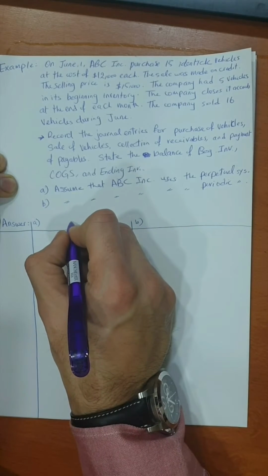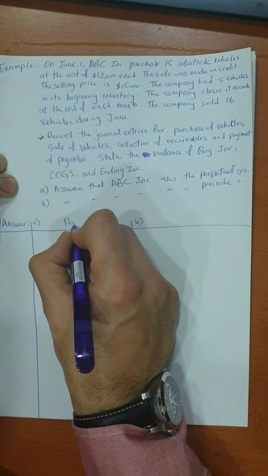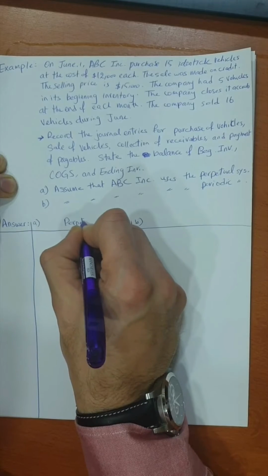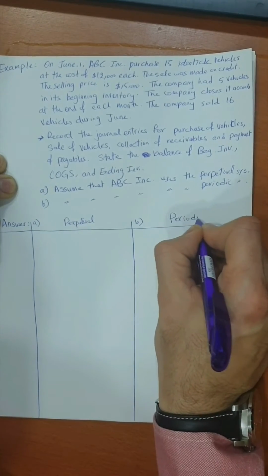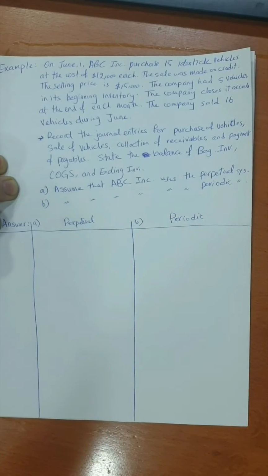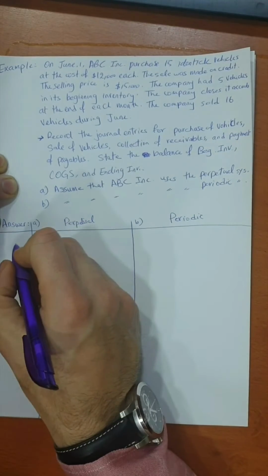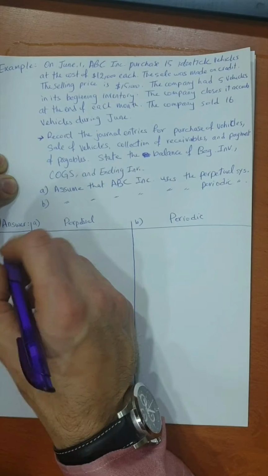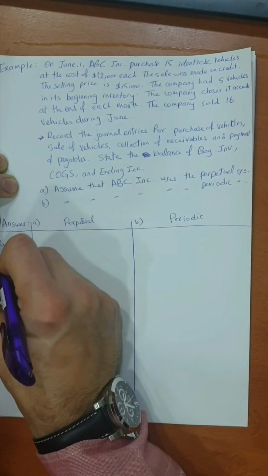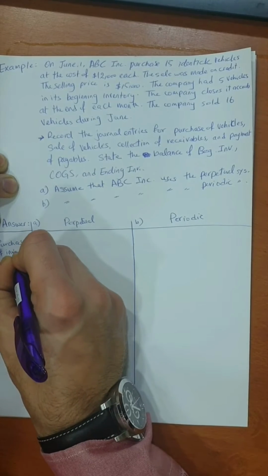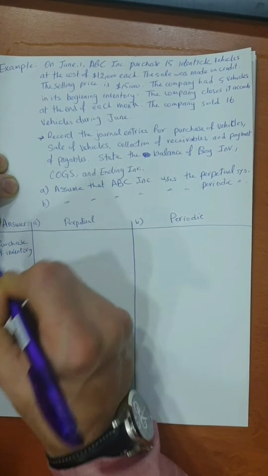So A is the perpetual, and this is the periodic. Okay. So the first economic activity was purchase of the vehicles. So purchase of inventory.